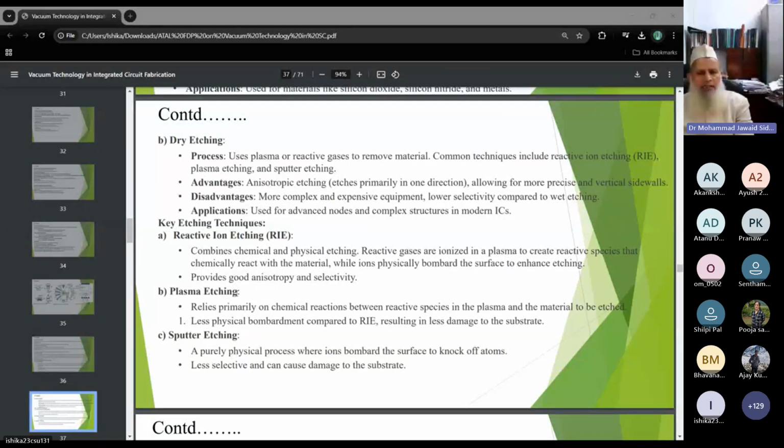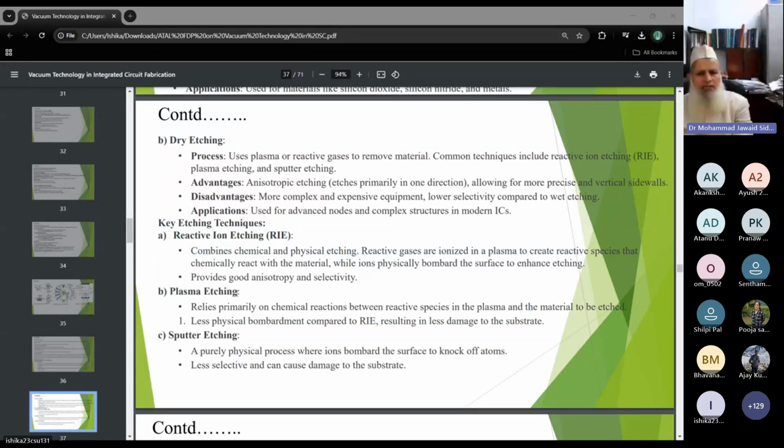Dry etching. In the dry etching process, plasma or reactive gases are used to remove the material. Common techniques include reactive ion etching, plasma etching, and sputter etching. Advantage: anisotropic etching, which etches primarily in one direction, allowing more precise and vertical sidewalls.